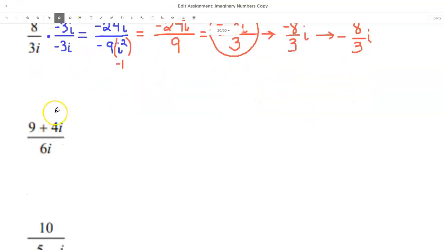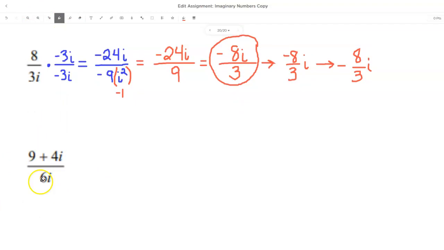Now, on the second problem here, I'm going to do exactly the same thing. I'm going to do the opposite, or it's actually called the conjugate, of this denominator. So I'm going to multiply by negative 6i over negative 6i.